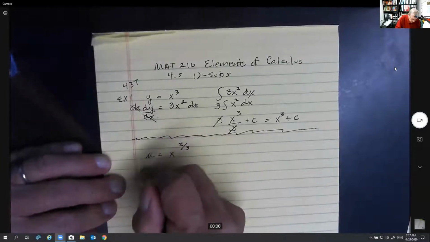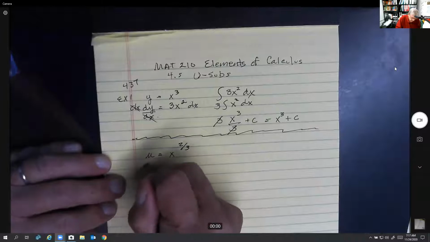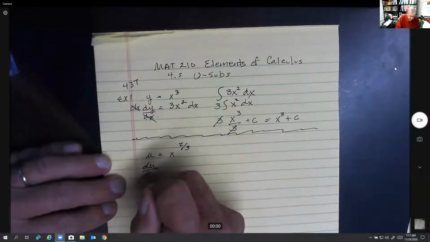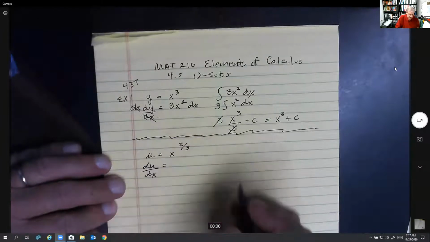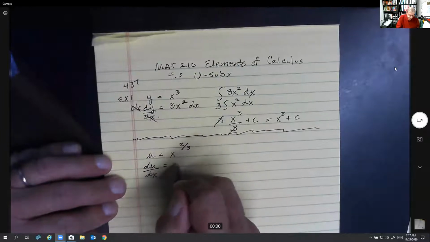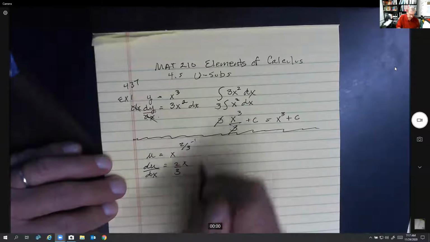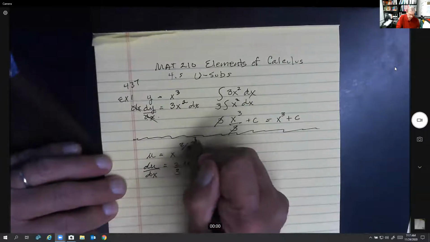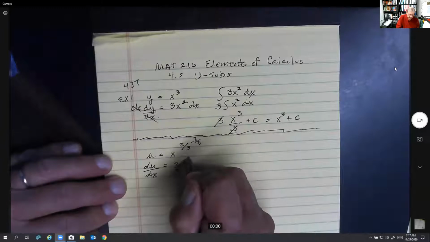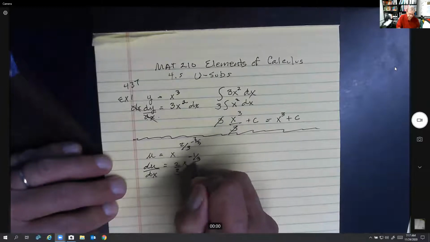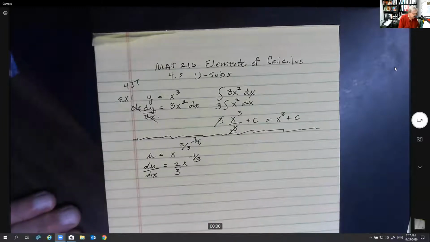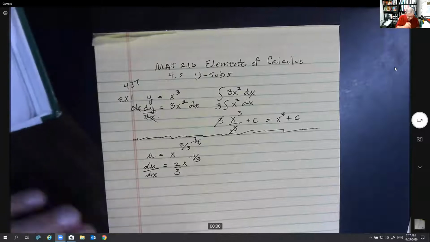So what would the derivative be? du with respect to x, du dx, is 2/3 x, and then remember we subtracted 1, which would be 3/3, so that would be negative 1/3. So it'd be 2/3 x to the negative 1/3.